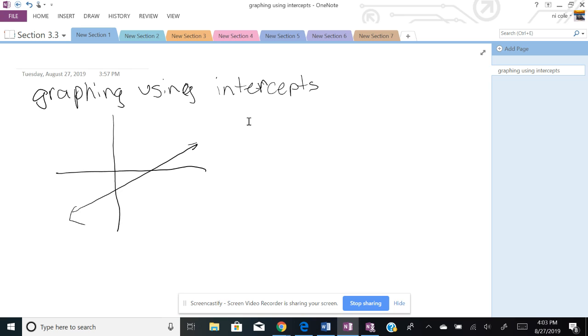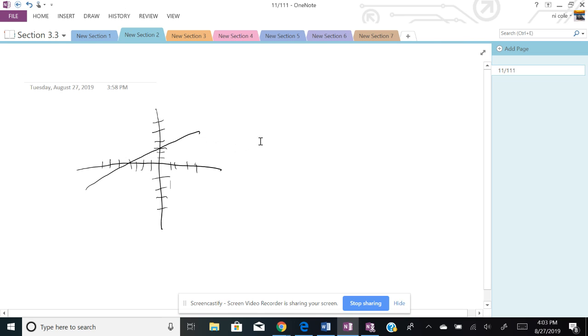So you need to know what an intercept is. This point here, where it hits the x-axis, is called the x-intercept, okay? And this point over here is called the y-intercept, all right? So you're going to get something like this, and they're going to want to know what the x-intercept is.